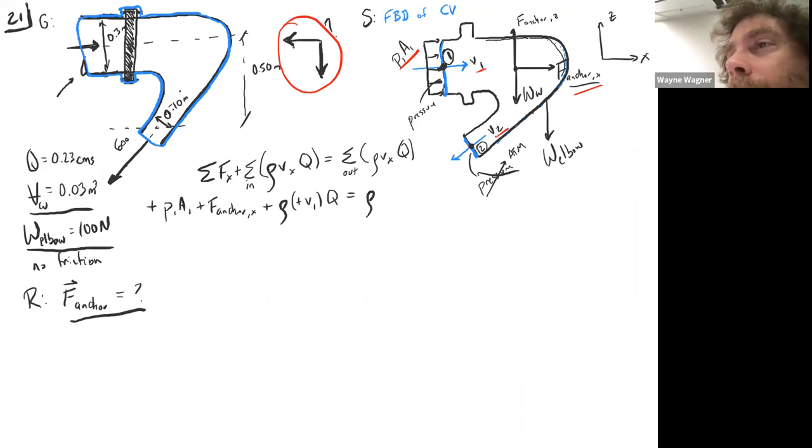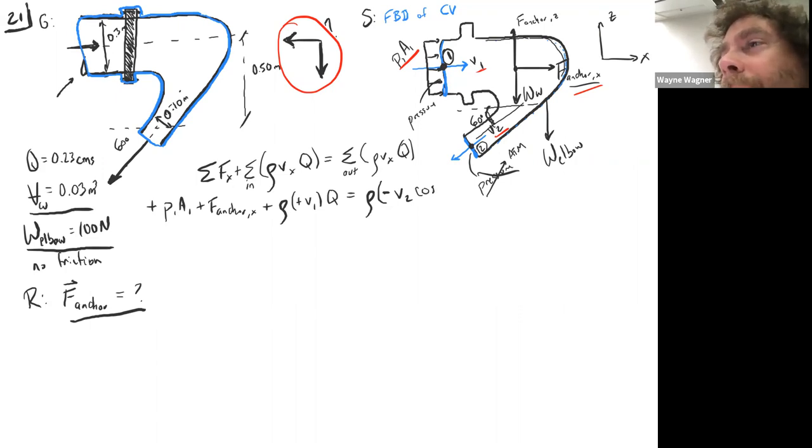So we've got rho. Now this is going to be V2. It looks like it's going to have a negative sign because it's going in the negative X direction. Negative V2. And there's an angle here somewhere, like 60 degrees right here. So this is going to be V2 cosine of 60.